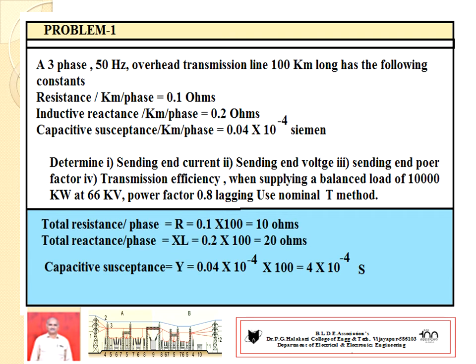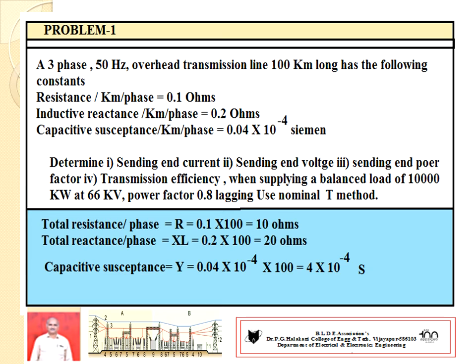Then you see one problem. A three-phase 50 Hz overhead transmission line is 100 km long and has the following constants: resistance per kilometer per phase 0.1 ohm, inductive reactive per kilometer per phase 0.2 ohms, capacitive susceptance per kilometer per phase 0.04 into 10 to the power of minus 4 Siemens.